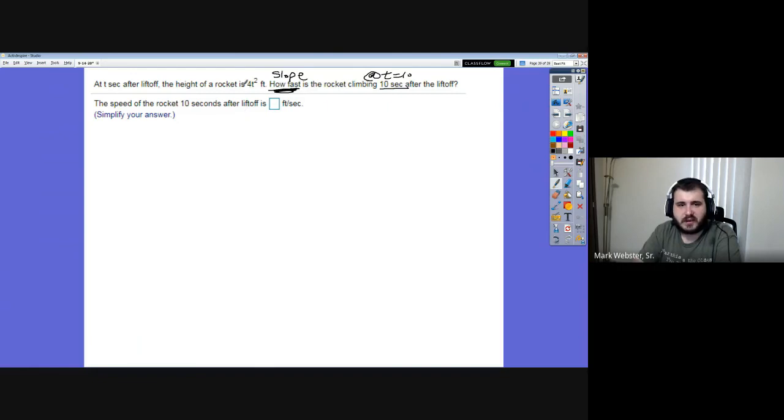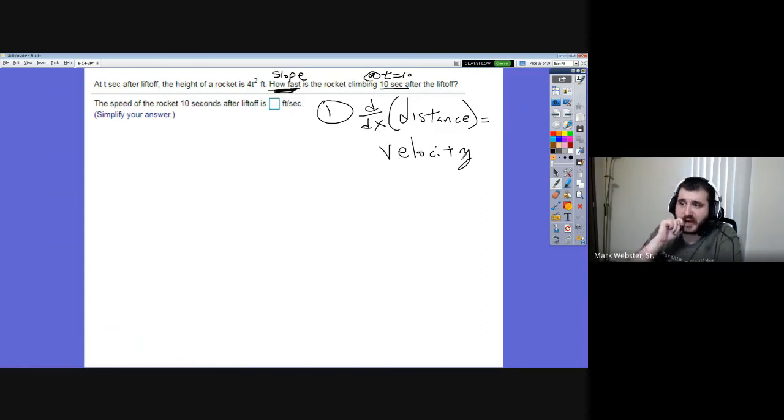Here they're giving us distance. This is distance, right? So one thing to be acutely aware of as we go forward: the derivative of distance is velocity. This is something, if you ever are taking a physics class, that they will just expect you to know.